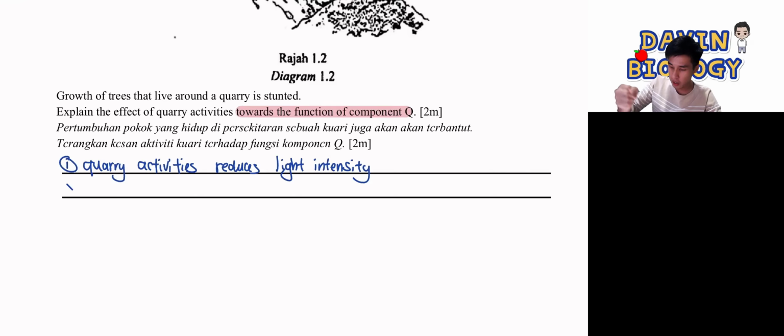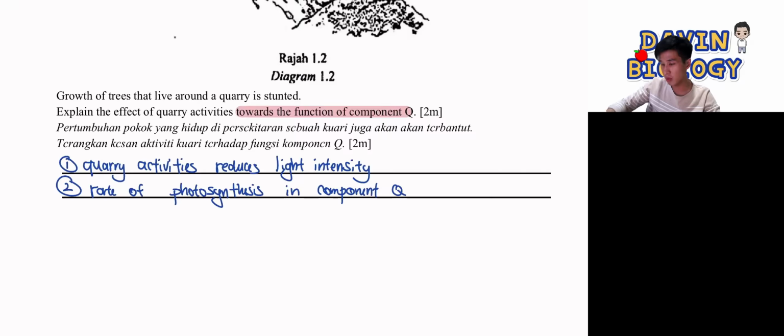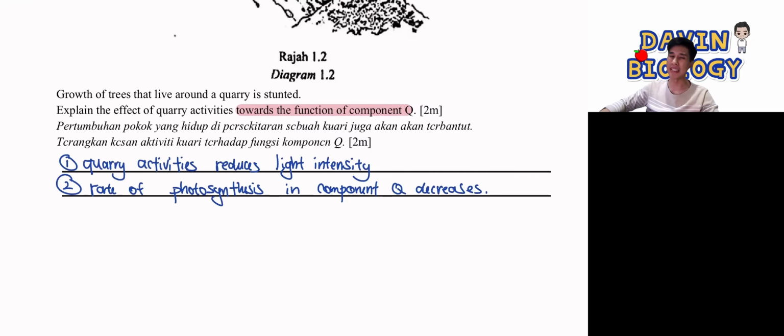So therefore, you can say the rate of photosynthesis in component Q decreases. This is more like a Form 5 question, but never mind.